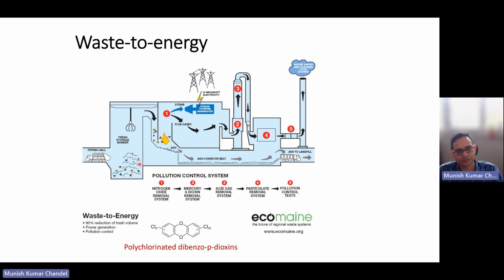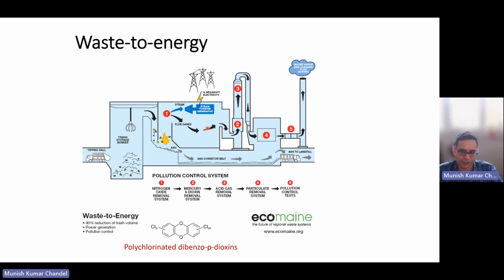The modern systems have different components. For example, the grate incinerator is here, followed by the steam usage, like a steam turbine and then a generator. And the flue gases will contain several toxic or harmful gases, such as acid gases and particulate matter, so they cannot be released into the atmosphere without treatment.